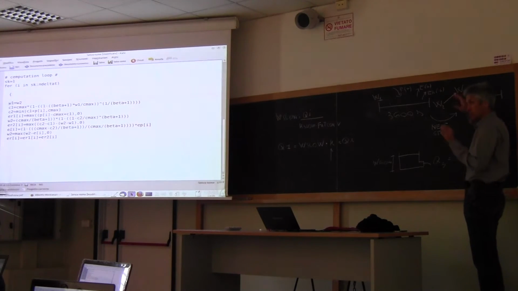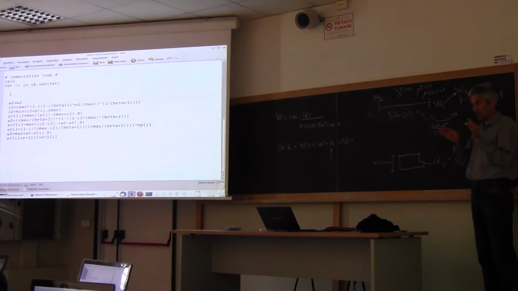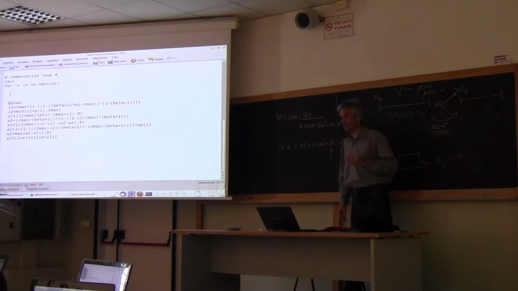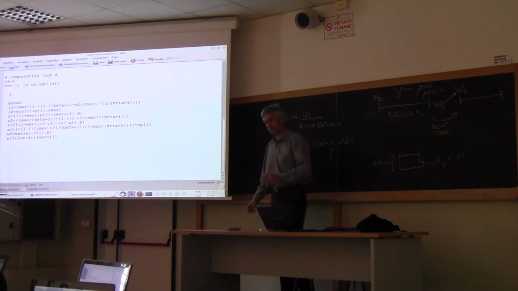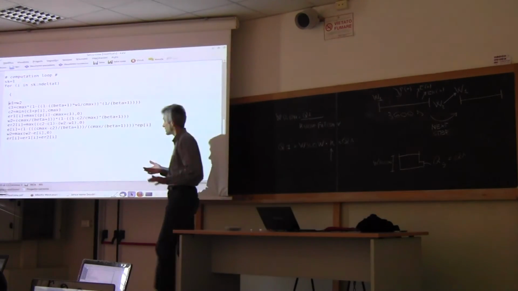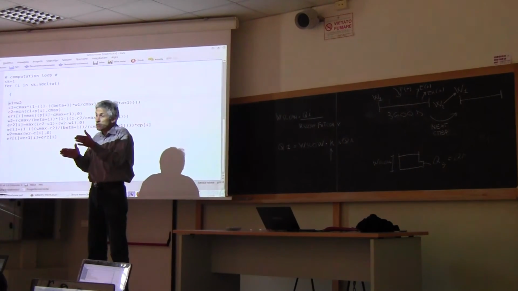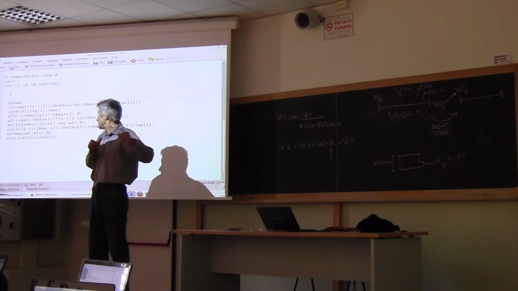So, as a first operation in the time step, we need to set W1 equal to W2. And this is why there is this instruction. So the first instruction is just to say, look, my W1 is equal to the previous W2. Okay.